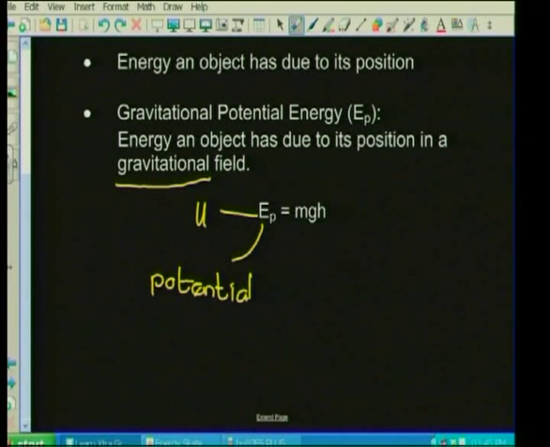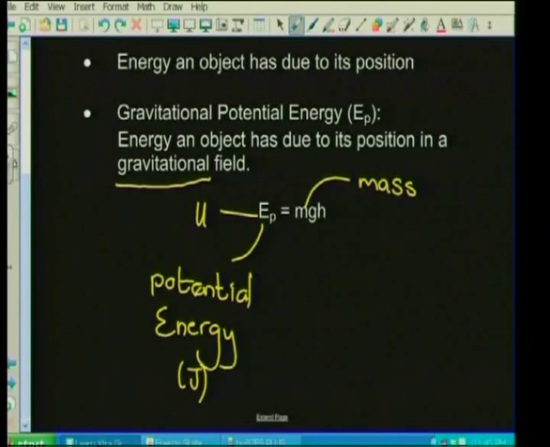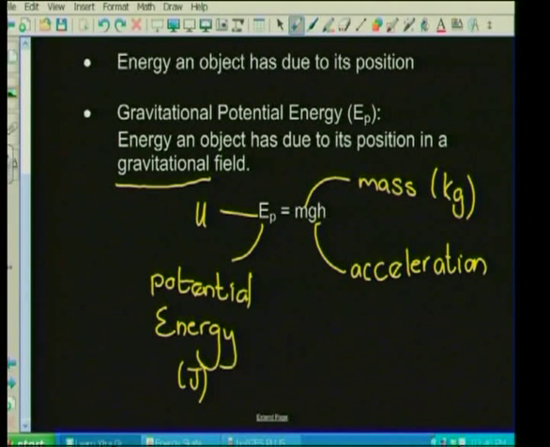I'm hoping you all remember from grade 9 that energy is measured in joules. m is mass, because we're looking at an object, whatever that object will be, and that is measured in kilograms. g, now this is an important one, is acceleration due to gravity, and I'm using gravity because I'm in a gravitational field.